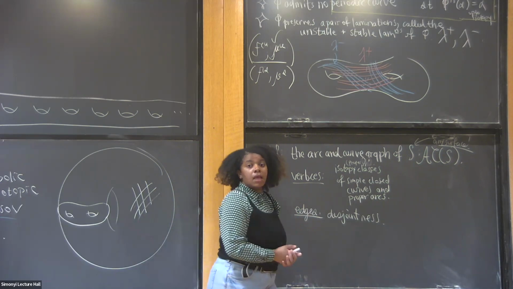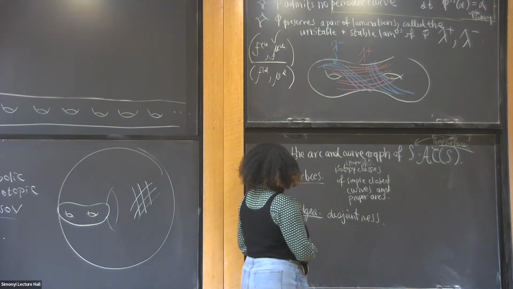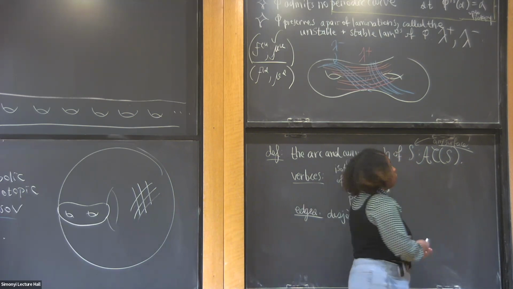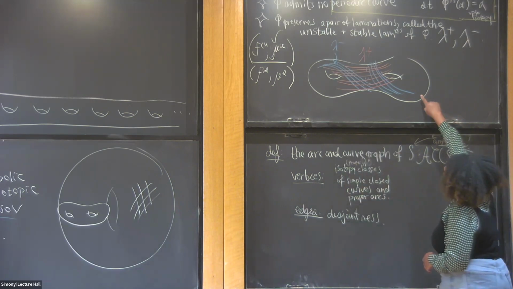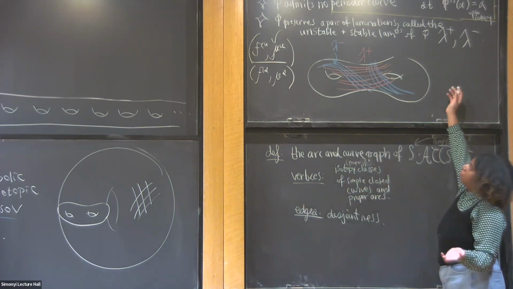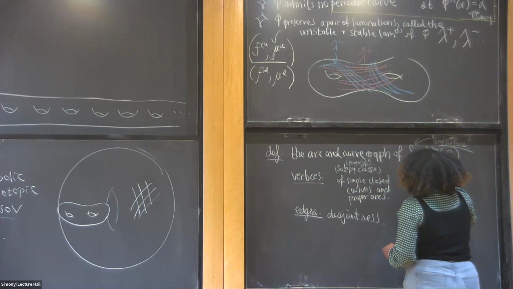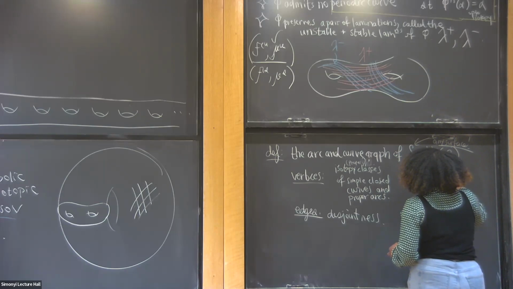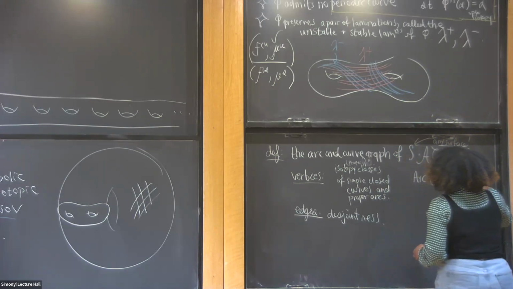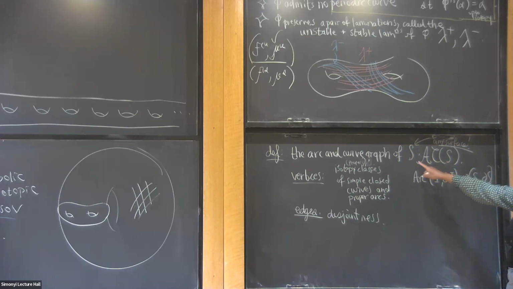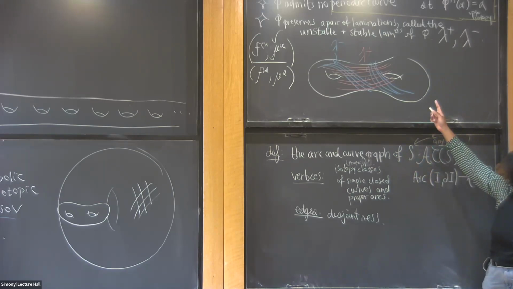What's an arc? An arc is a proper embedding of the real line. So for example, on a closed surface, there are no proper arcs. I want to make sure that it's actually properly embedded. So an arc should be mapping to a surface, to its boundary. I'm trying to be more general by saying I'm not just thinking of closed surfaces here.